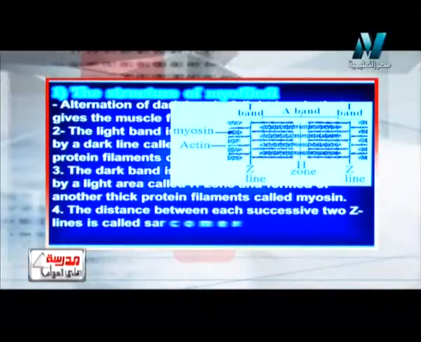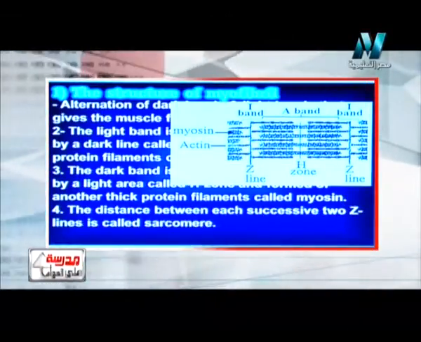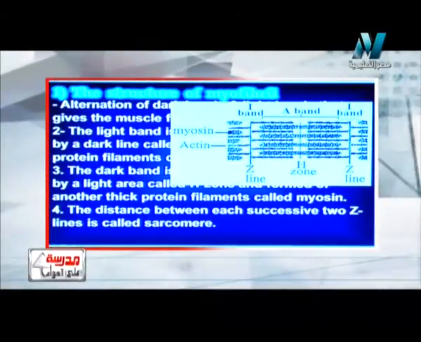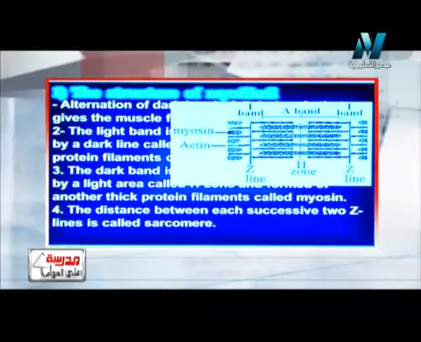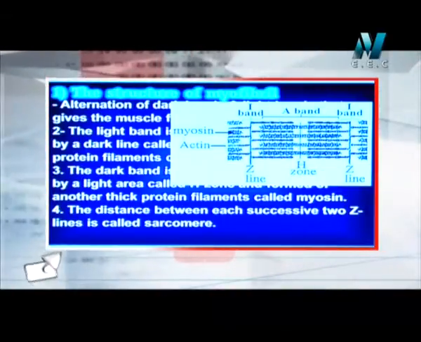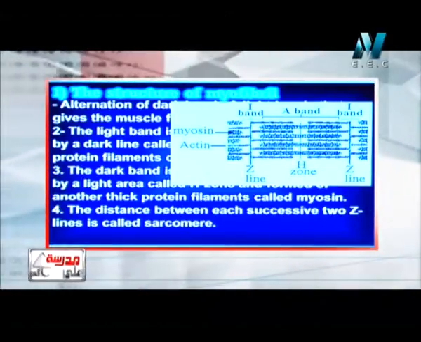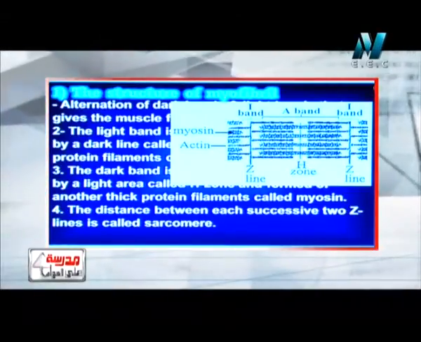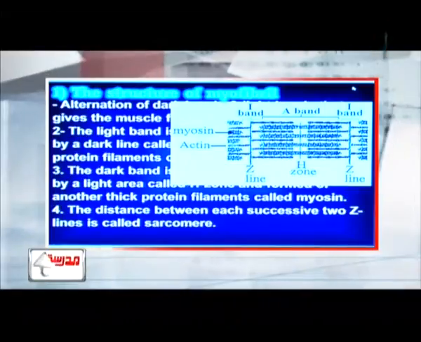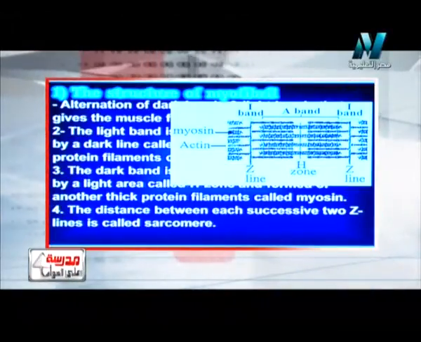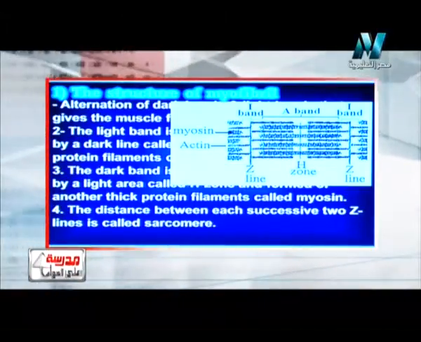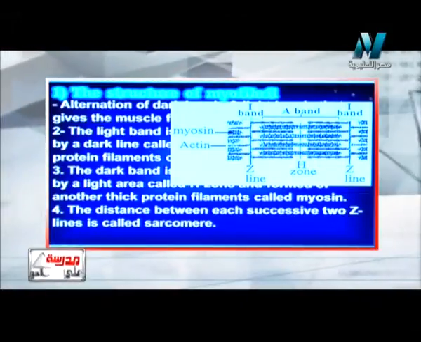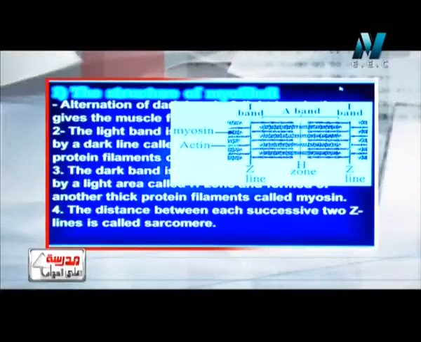The dark bands are made of thick filaments called myosin, bisected by a semi-lighted area called the H zone. The distance between two successive Z lines is called the sarcomere. The sarcomere is the unit of the myofibril, which is part of the muscle fiber, which consists of 1,000 to 2,000 myofibrils.